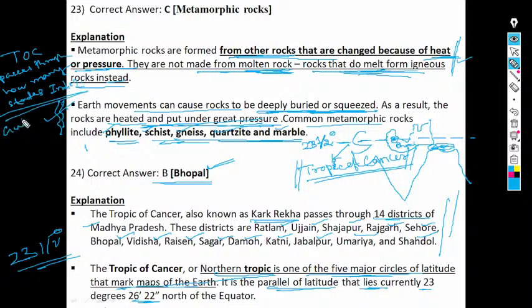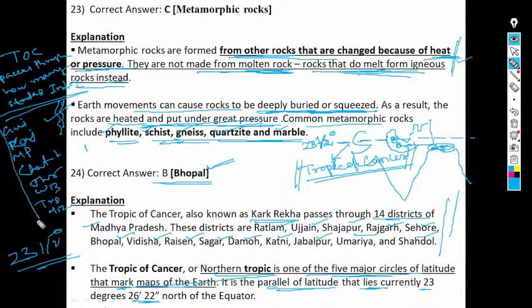That is Gujarat, then Rajasthan, Madhya Pradesh, Chhattisgarh, Jharkhand, then West Bengal, then Tripura, then Mizoram.